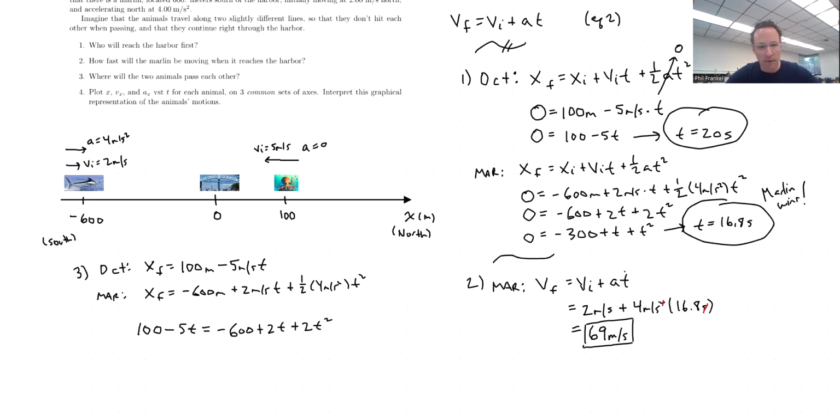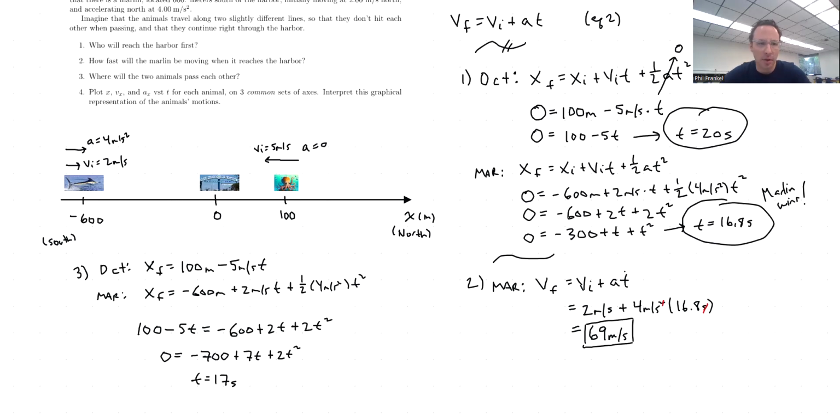I could move all of this stuff over to the right side of the equation, and I get negative 700 plus 7t plus 2t squared equals 0, of course. All right. Again, apply the quadratic formula or use a method of your choice, and you will find that t equals 17 seconds. Let's just see if that makes sense.